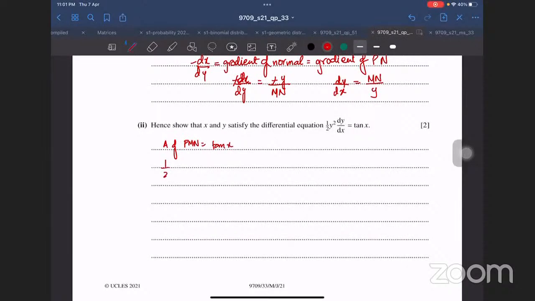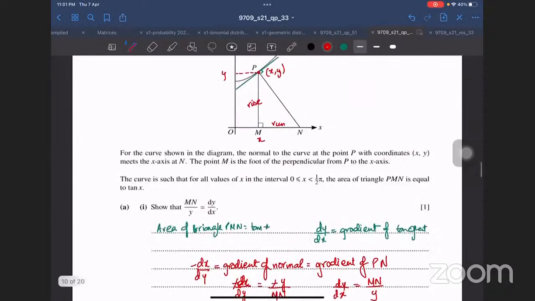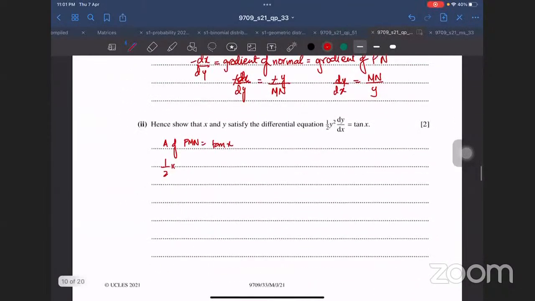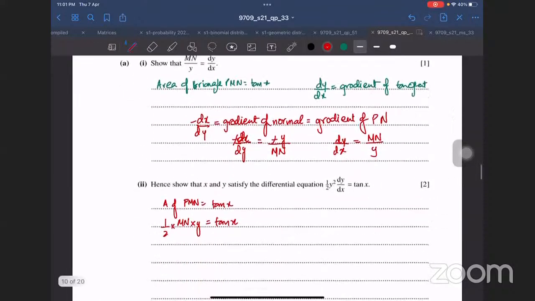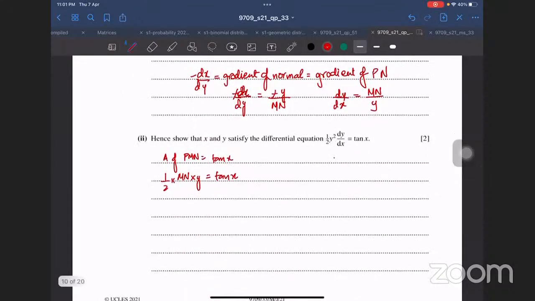Let's think about this. Half into base MN, and the height is y, is equal to tan x. Now, if dy over dx was equal to MN over y, can I replace MN with y dy over dx?